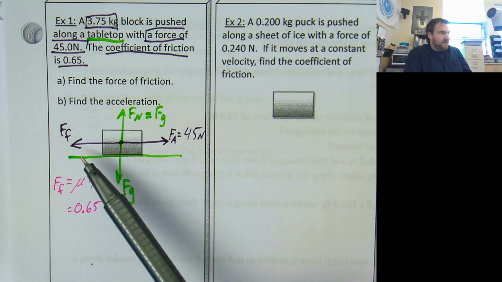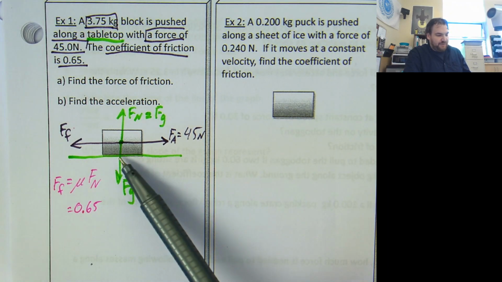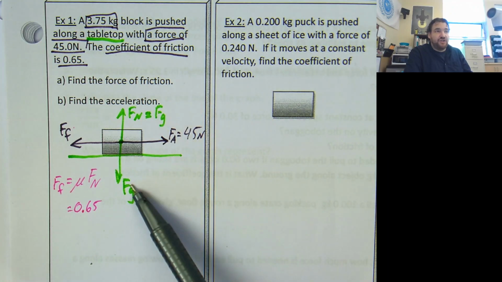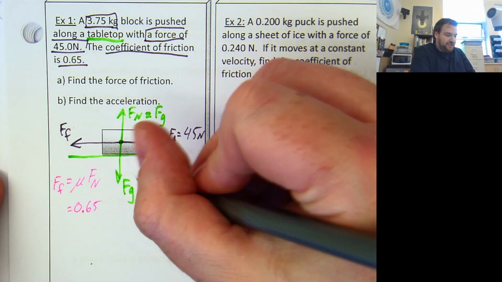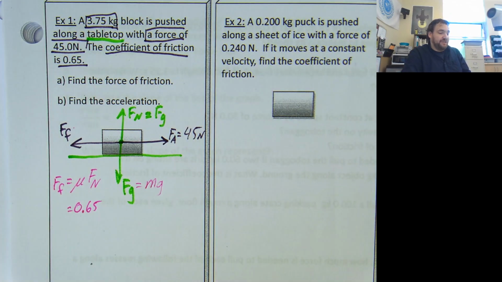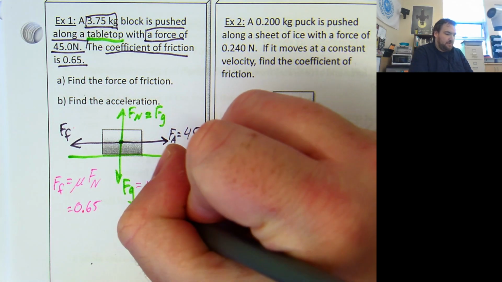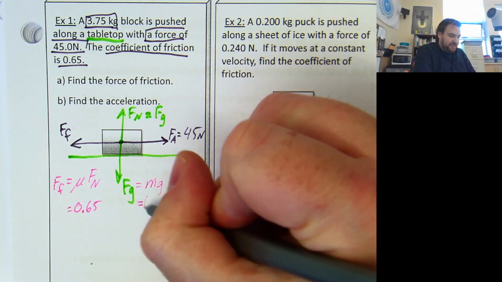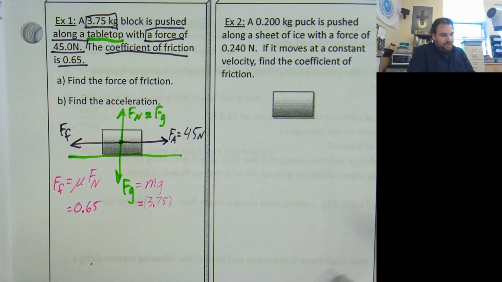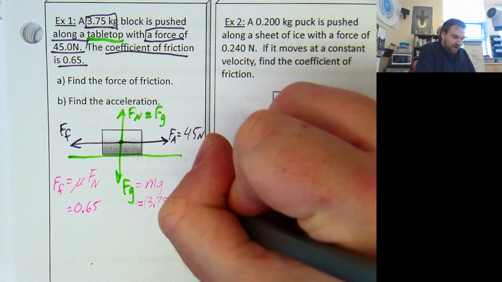We don't know Fn, but we know the surface is level. On a level surface, Fn is going to equal Fg. So then to find Fn, we need to find Fg. Fg is going to be equal to mg, because it's presumably the table's on the surface of the Earth and not orbiting the Earth. That would be weird. The mass of the object is 3.75, and the acceleration due to gravity on or near the surface of the Earth is 9.8.